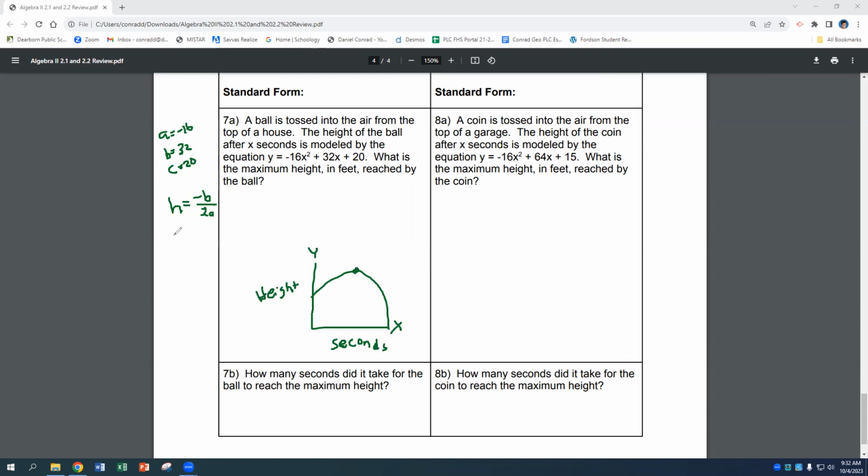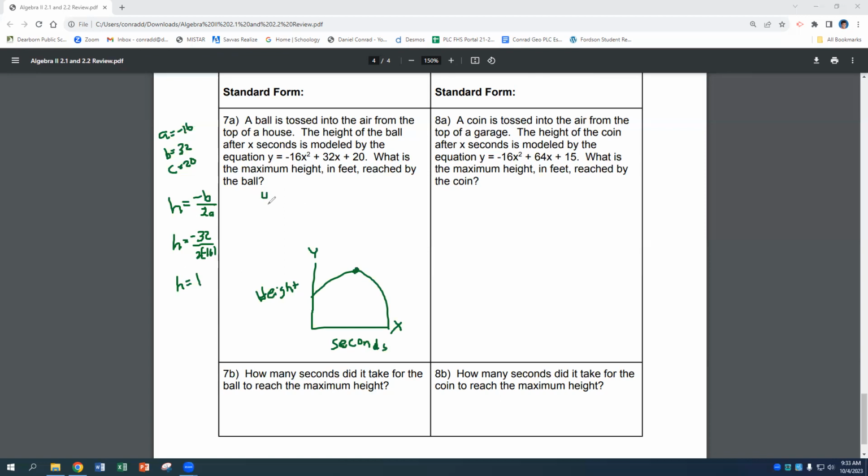So opposite of b is going to be negative 32 over 2 times negative 16, which should give us 1, right? So h equals 1. This is 1 second.